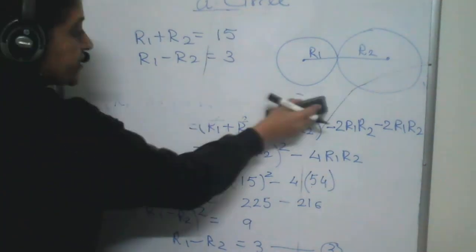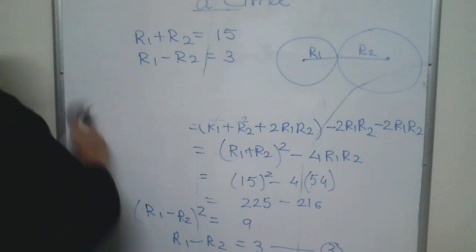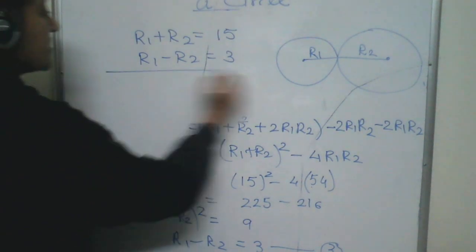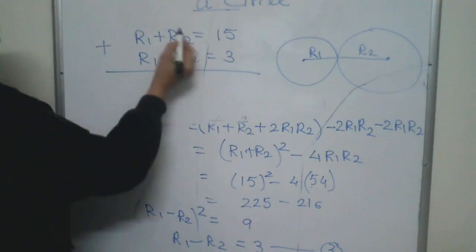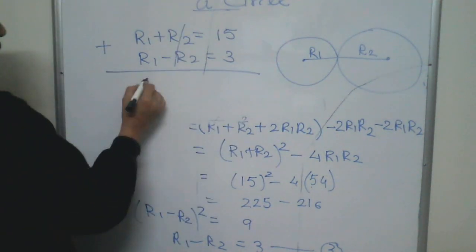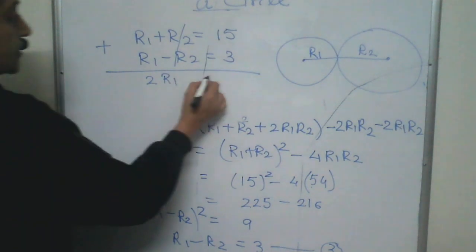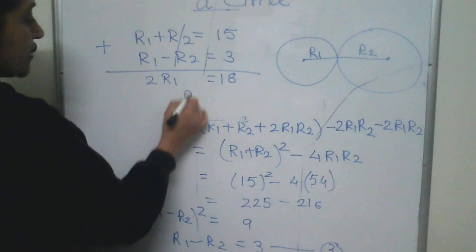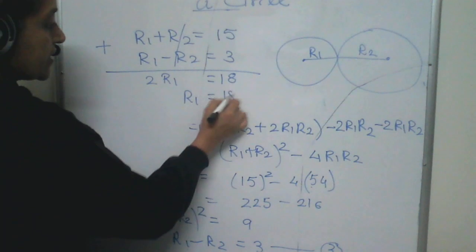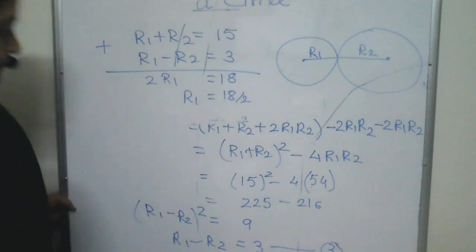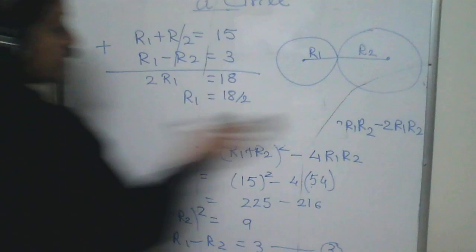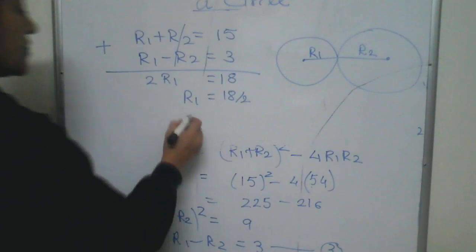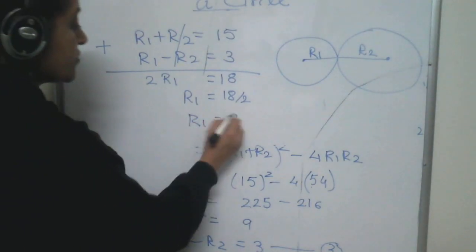You must have already understood that we are going to use the elimination method. Now if you add this, r2 will get cancelled. Here it is 2r1 is equal to 15 plus 3, which is 18. r1 is equal to 18 upon 2, that is, how much do you get? 9. So r1 is equal to 9.